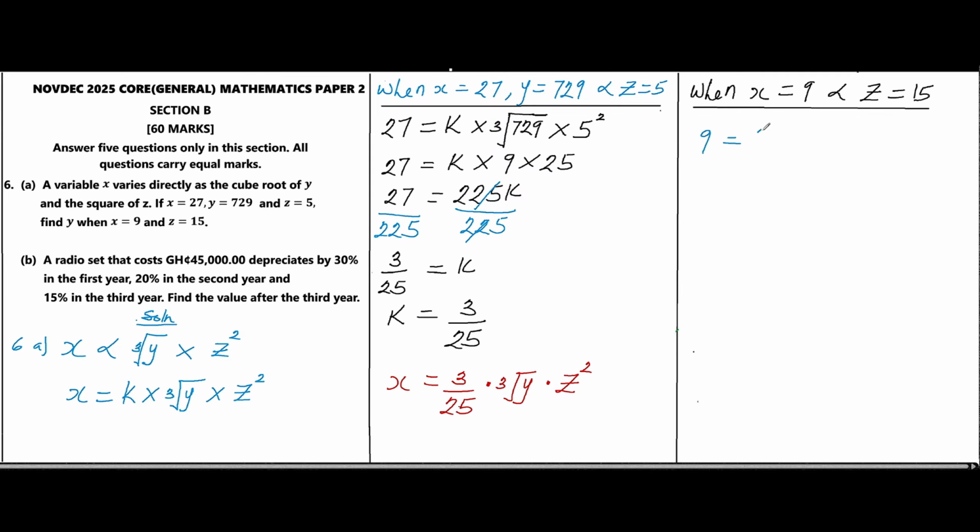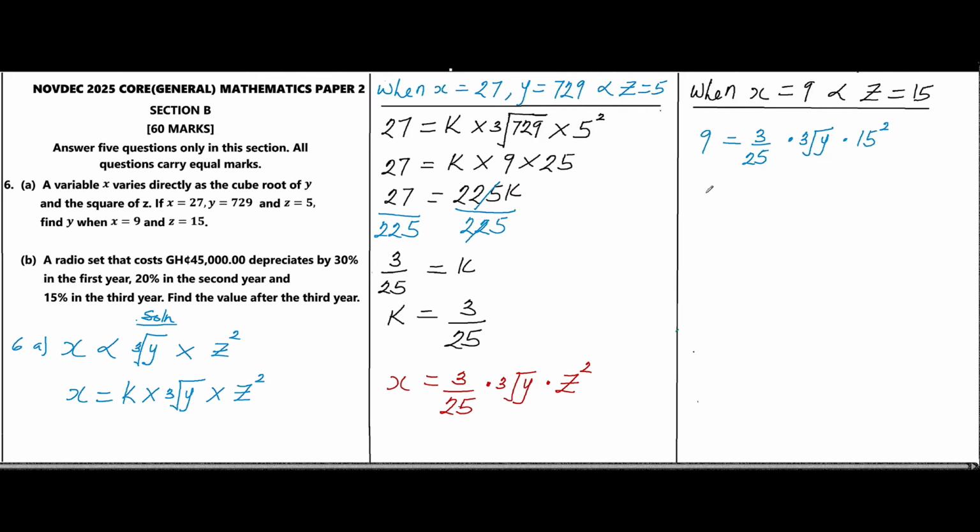We have 3 on 25 multiplying cube root of y multiplying z squared, where z is 15, so 15 squared.